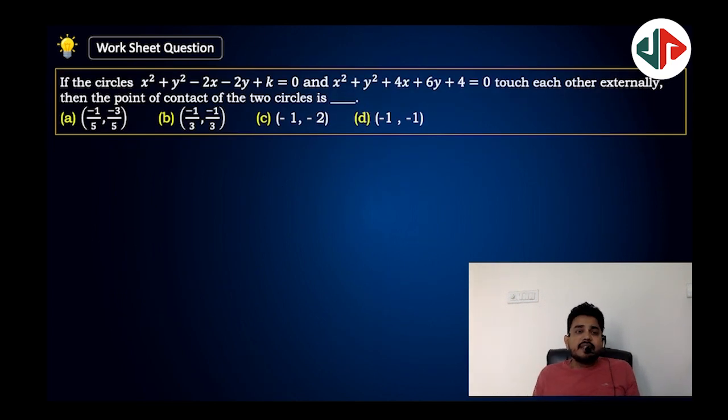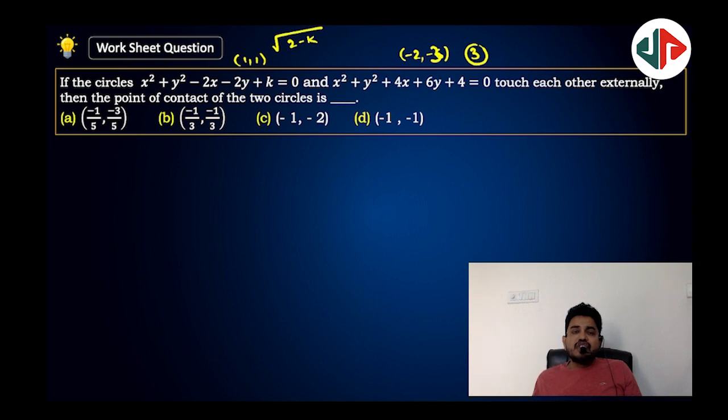Next question is, if the circles touch each other externally, the point of contact of two circles. Okay, so center is 1 comma 1, center is minus 2 comma minus 3, radius is equal to 3 units. What about the radius of this one? Root over 2 minus k.